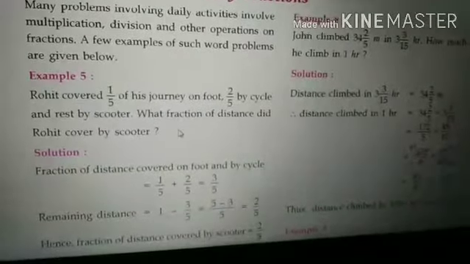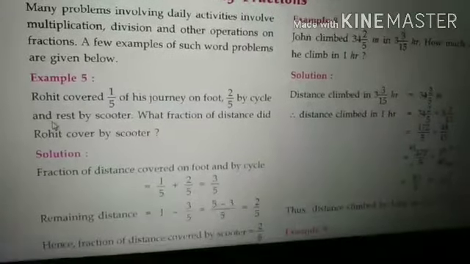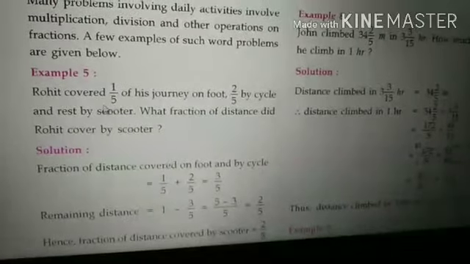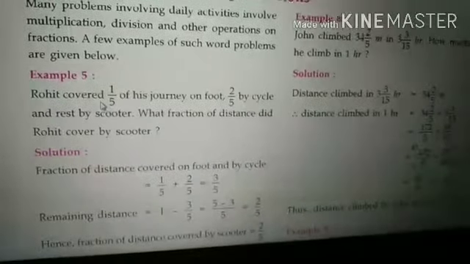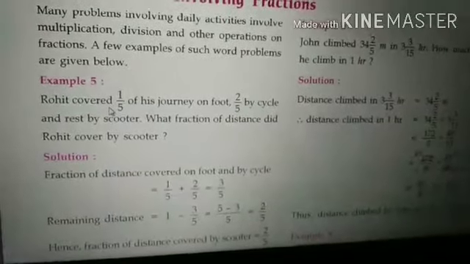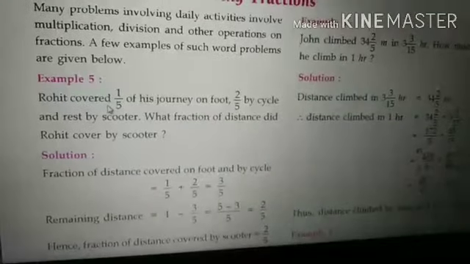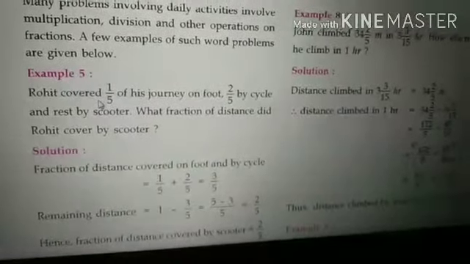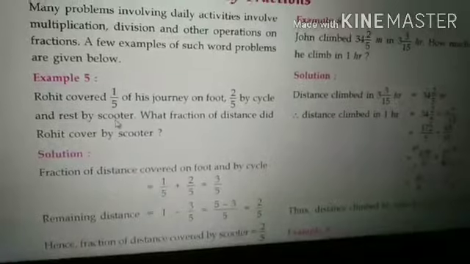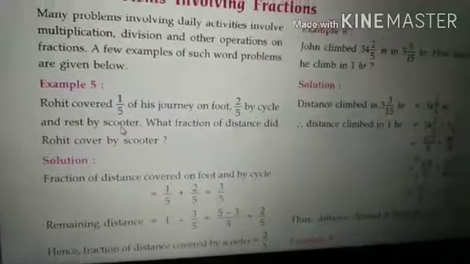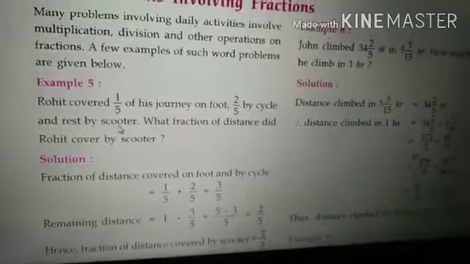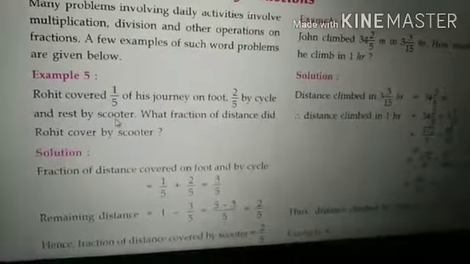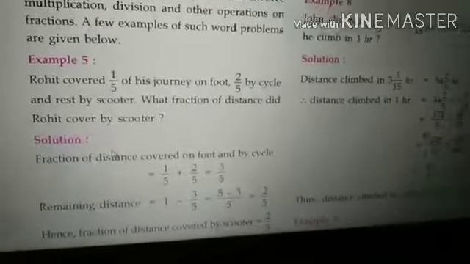Means the total journey is 1, Rohit covers 1/5 of the journey by foot and 2/5 by cycle, and the rest of the journey by scooter. So we have to find out the journey covered by Rohit by scooter. So let's see the solution of this.